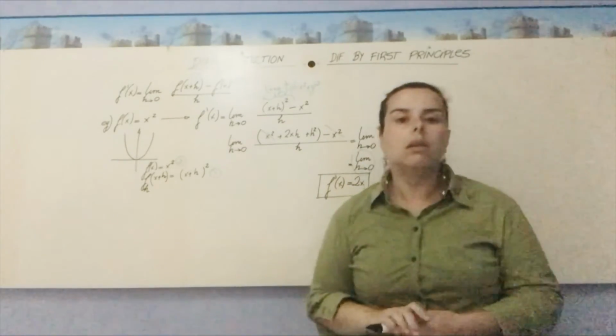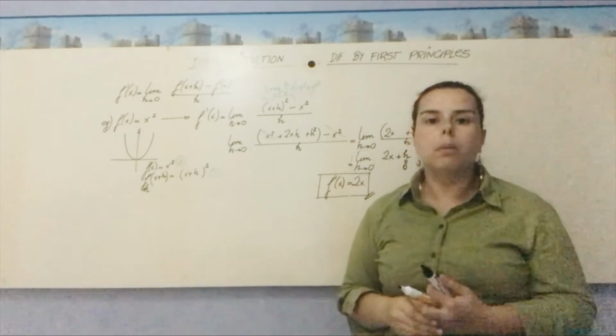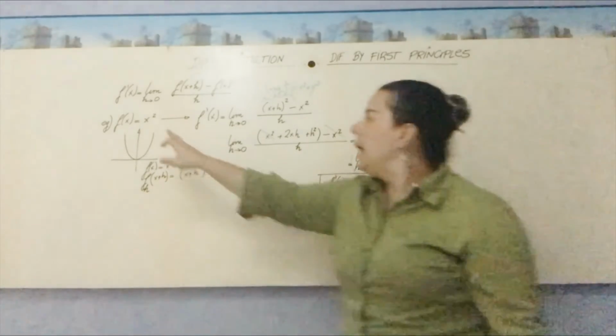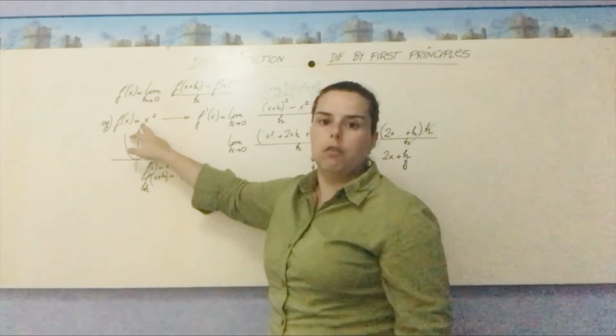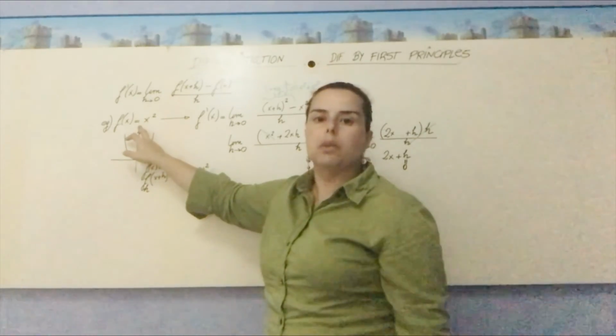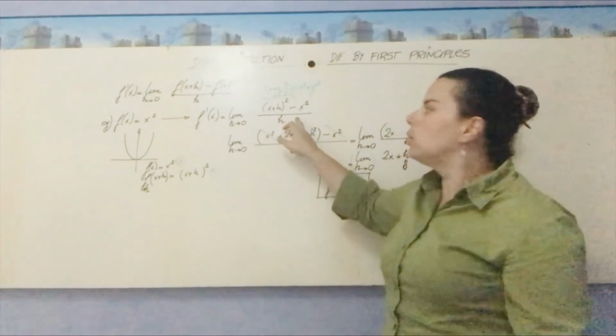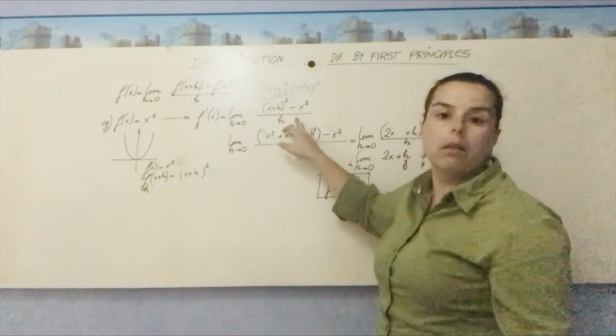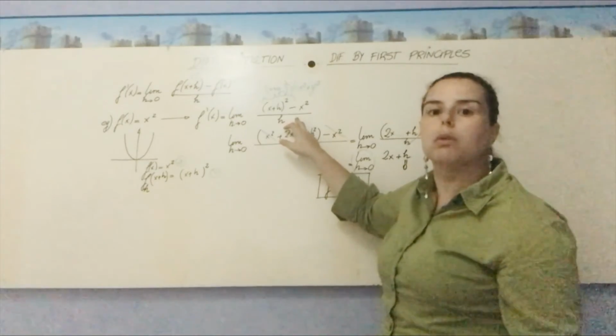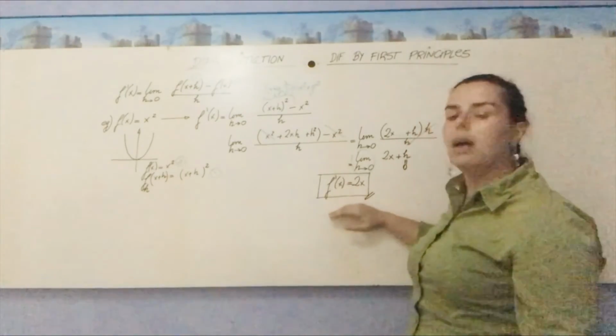And this is how I differentiate by first principles. This can change. This can be any function. Doesn't matter which one it is, I will be able to use my derivative equation, or my differentiation by first principles, whichever you prefer to call it, and get to an answer.